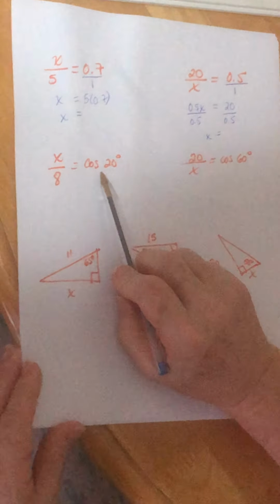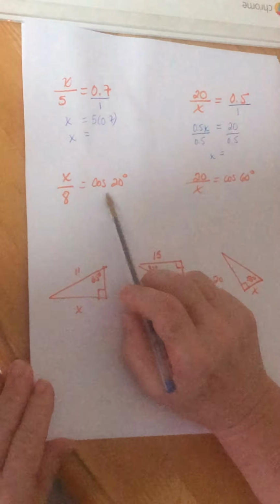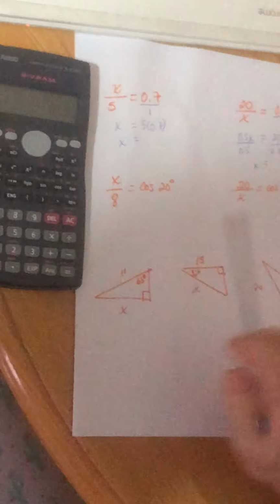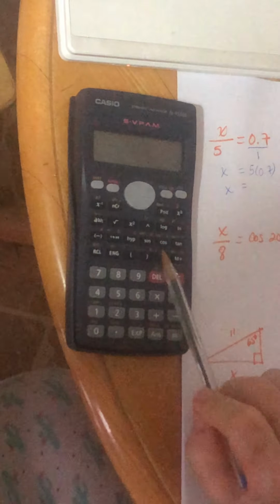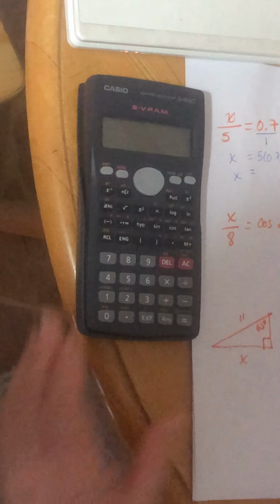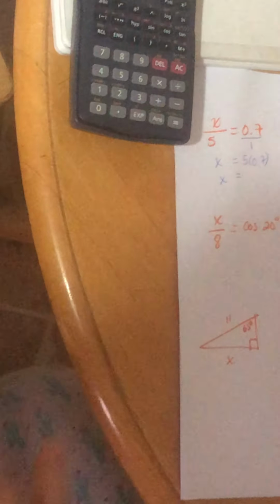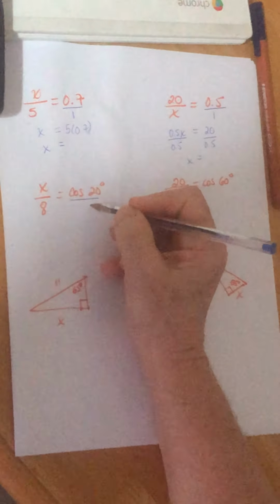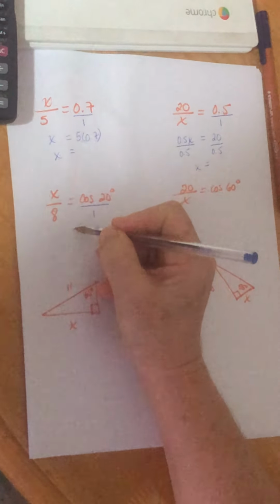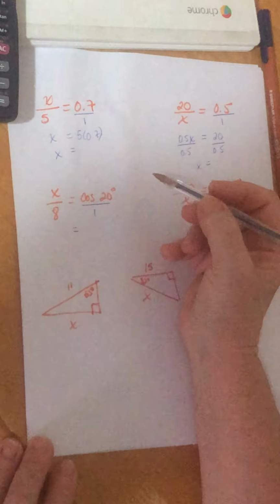Well, now we go with cosine of 20. To do these problems, you need a scientific calculator. So you need a calculator that says sine, cosine, and tangent. Without this, we really cannot do these type of problems. So here, I go back to my proportion, which I like, and I'm going to put the cosine of 20 over 1. So here we cross multiply.